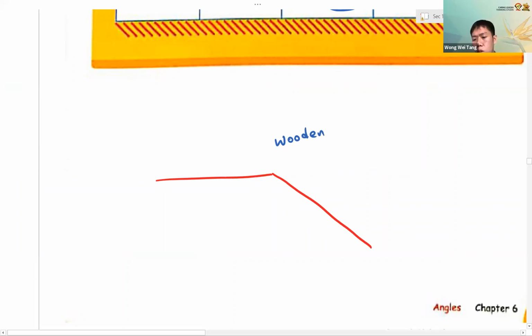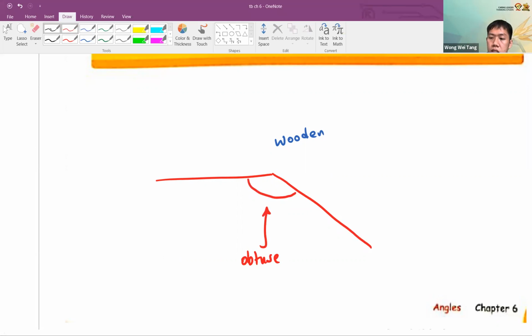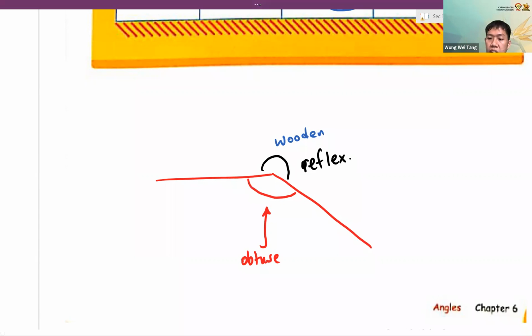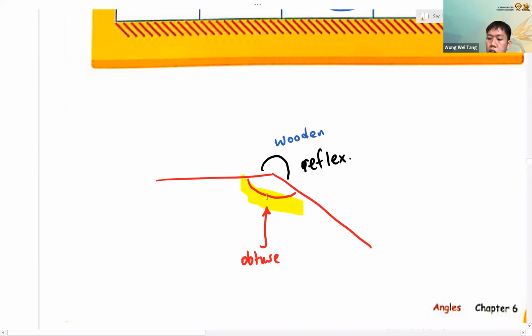If I want to indicate an obtuse angle, you draw a curve this way to indicate that, hey, this is the angle that I want. This one is obtuse, whereas this angle is reflex. So I will be amending my Padlet example to show the angle that I want. Okay?